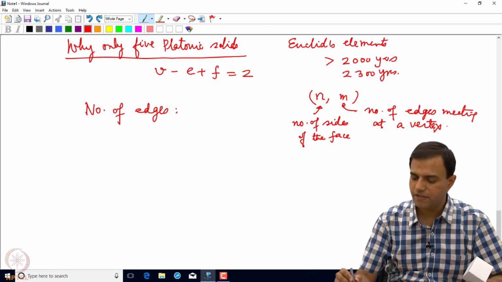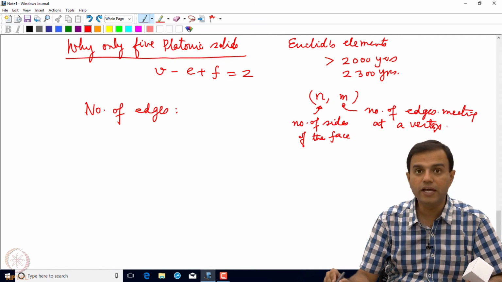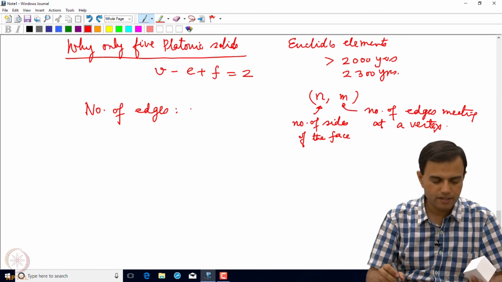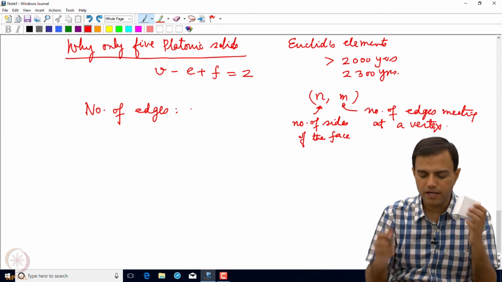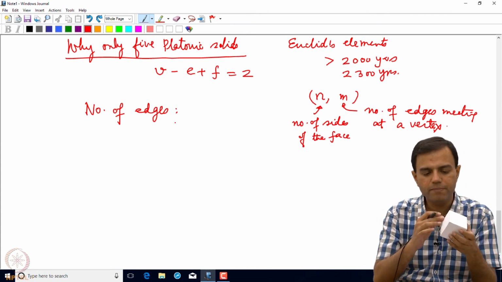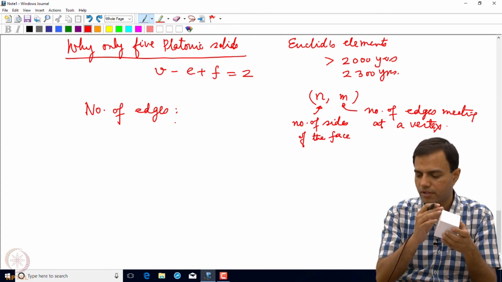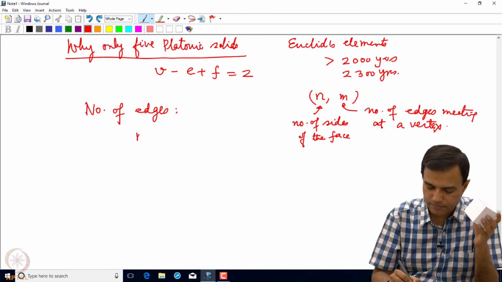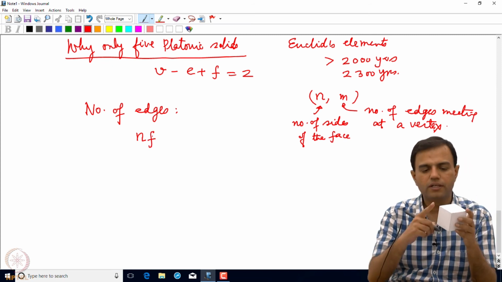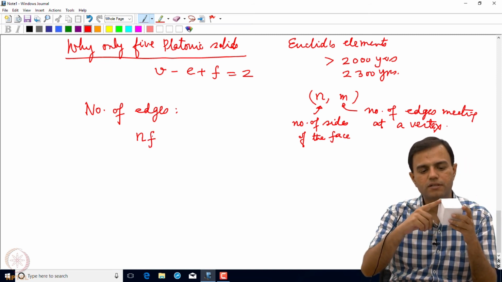Yeah, so this is the Schläfli symbol. N is the number of sides of the face, and m is the number of edges which are meeting at a vertex. So if I consider edges per face, how many? N times the number of faces.